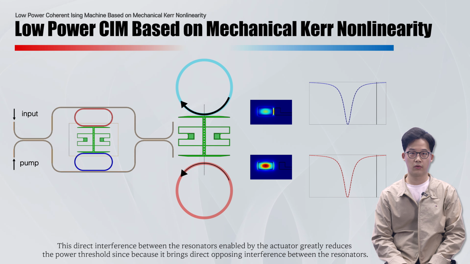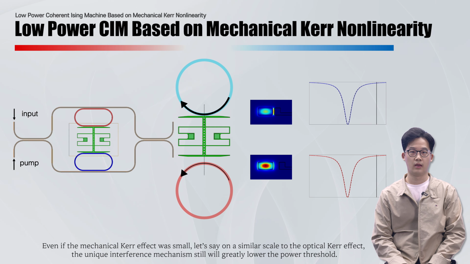This direct interference between the resonators enabled by the actuator greatly reduces the power threshold because it brings direct opposing interference between the resonators. Even if the mechanical Kerr effect was small, let's say on a similar scale to the optical Kerr effect, the unique interference mechanism would still greatly lower the power threshold.